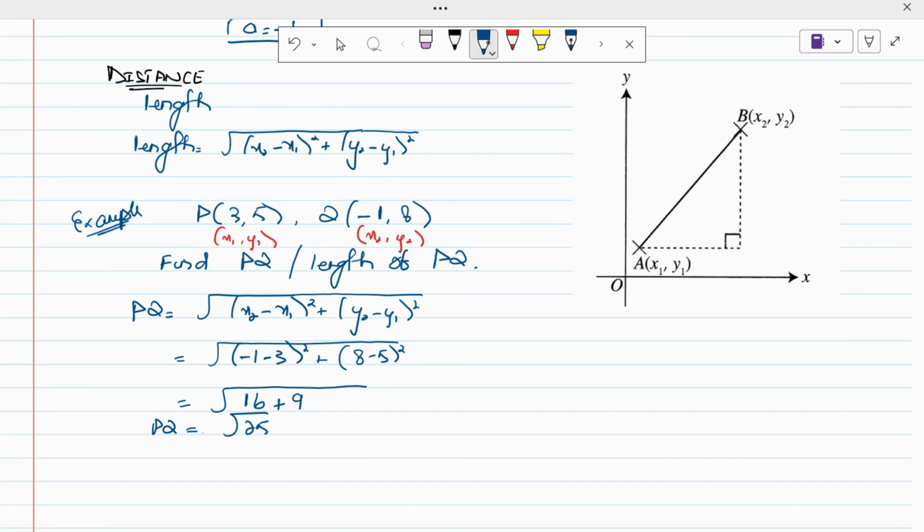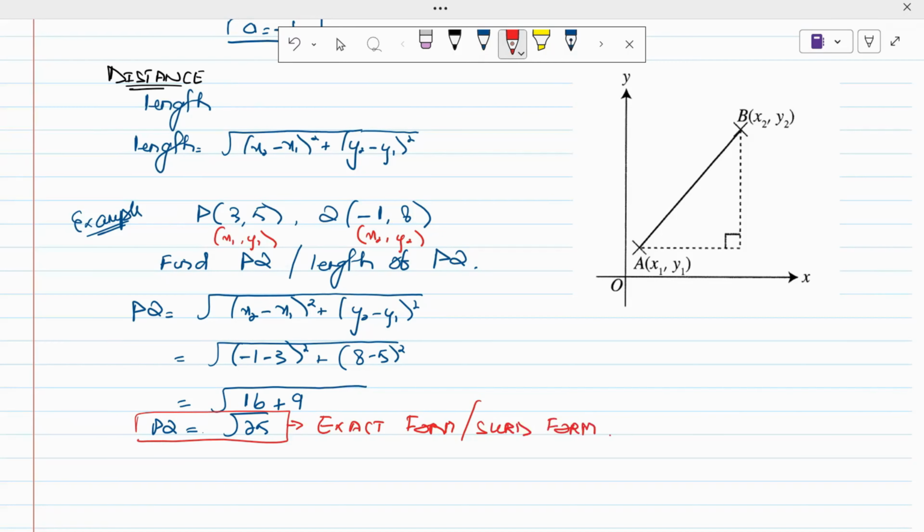Now, an important thing to be remembered. If the question says give the answer in the exact form, then this would be the final answer. Exact form means you keep the answer in the root form in this case.